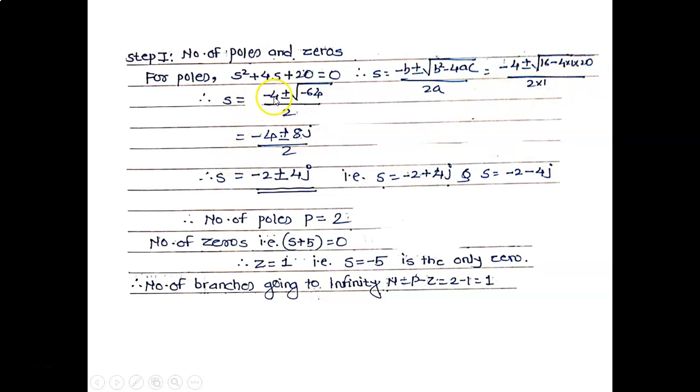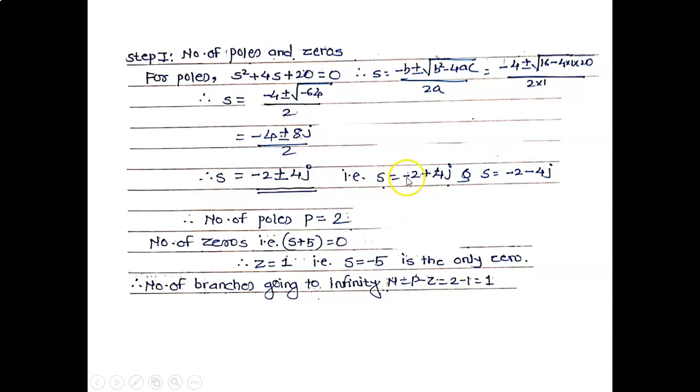Therefore, s is equal to minus 4 plus minus square root of minus 64 divided by 2, which is minus 4 plus minus 8j divided by 2.